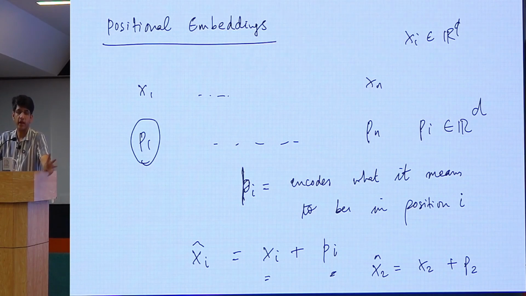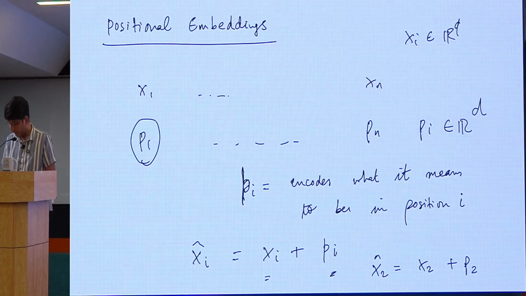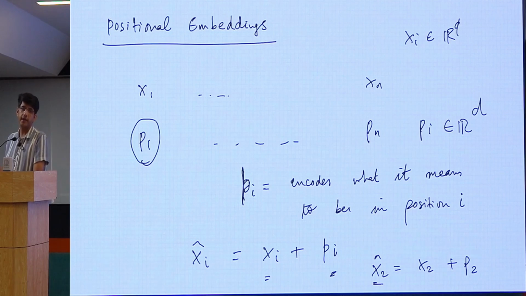Because the word student occurred in the second position, it will now have a slightly different vector compared to the word student in the 10th position, because in the 10th position I'm adding p10, whereas in the second position I'm adding p2. So I've created this distinction between student at position 2 versus student at position 10.